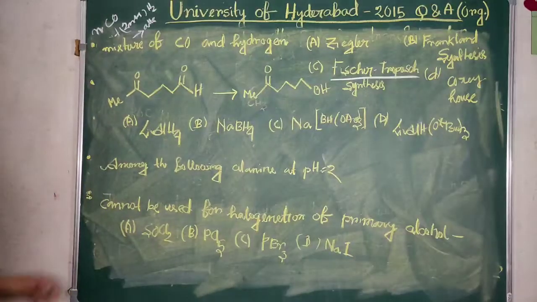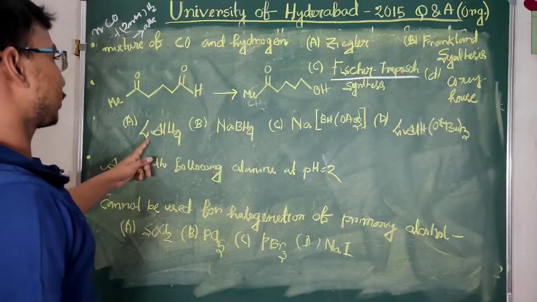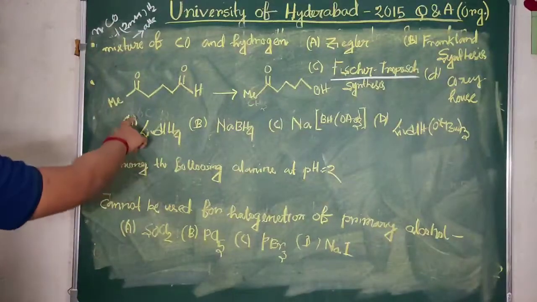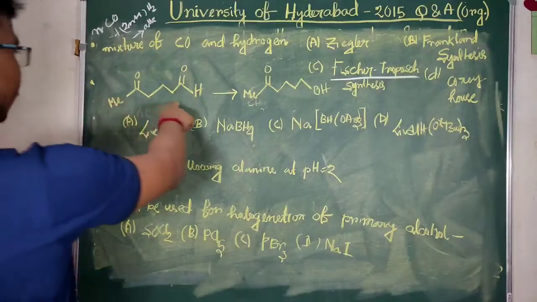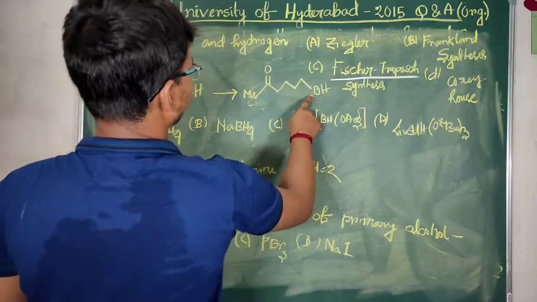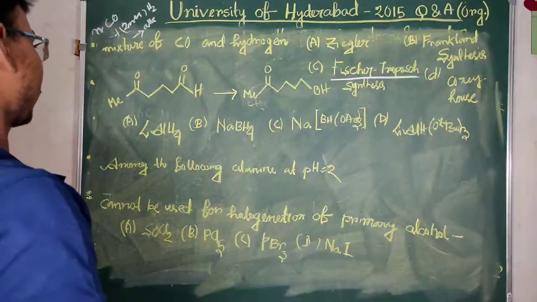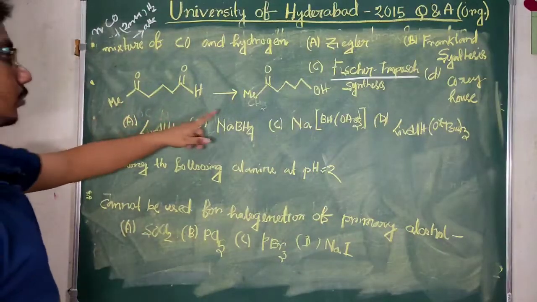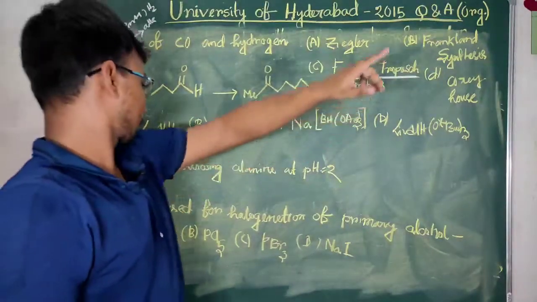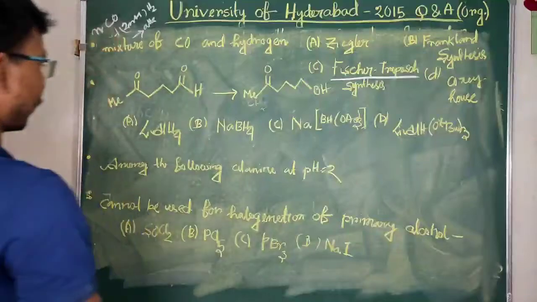Our next question, we have to predict a reagent for this conversion. So you can see that conversion occurs only in the aldehyde, which turns into alcohol. So the ketone remains the same, and we have to predict the correct appropriate reagent.